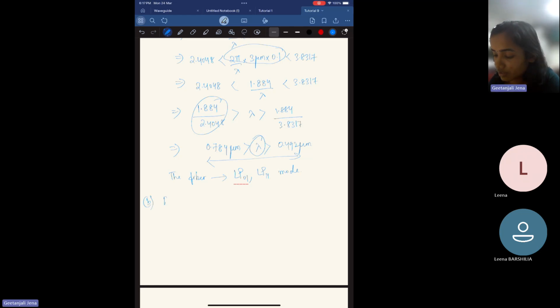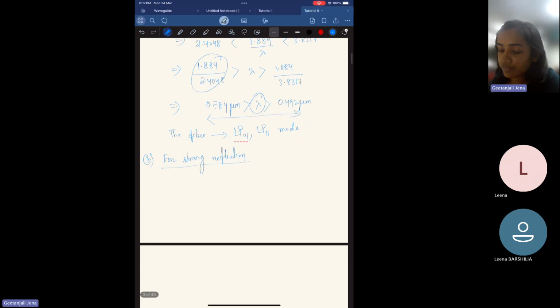So let us see the B part. What is the condition for strong reflection? Strong reflection means the forward propagating mode should be strongly coupled with the backward propagating mode.